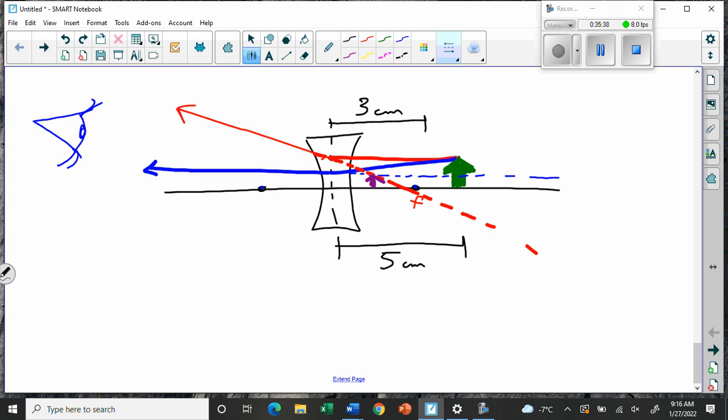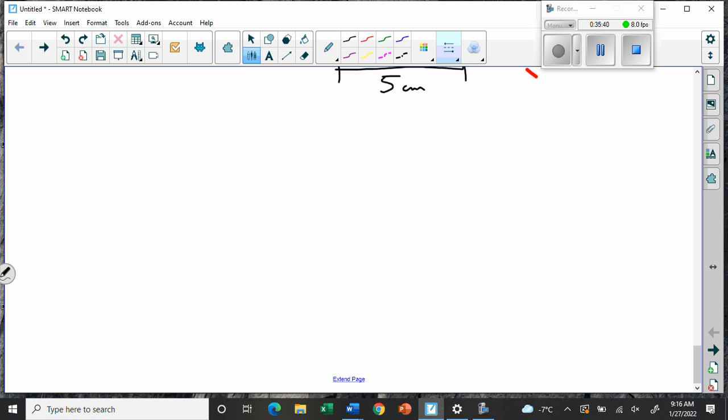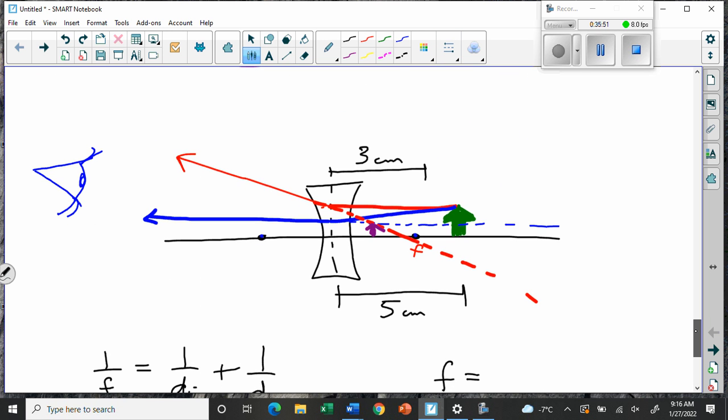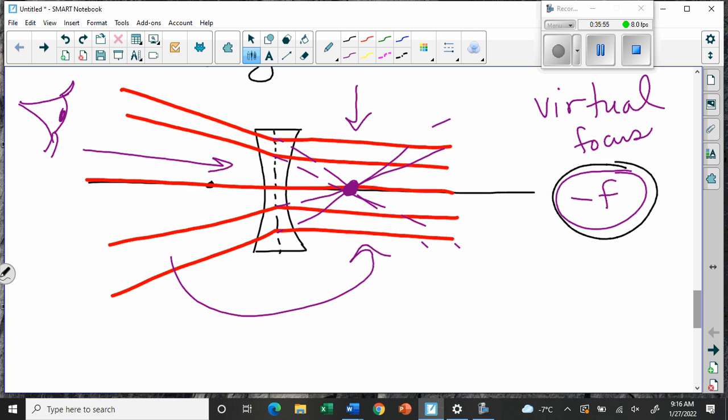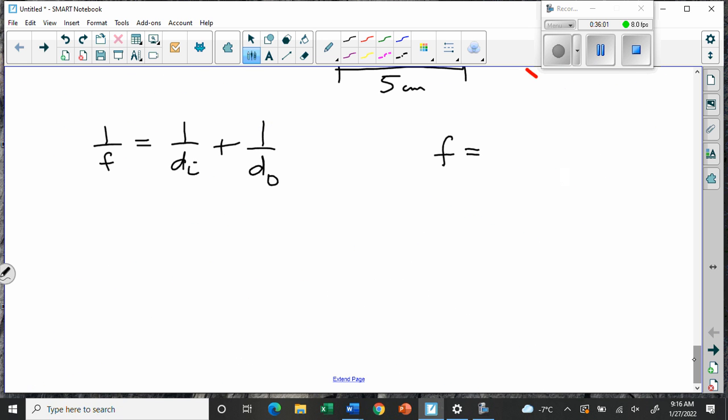Okay, now let's do our mirror equation. 1 over f equals 1 over di plus 1 over do. We said that our focal point here in a diverging lens isn't real. It never focuses light. You can only get a focus virtually by extending the light rays backwards to see where they appear to come from. So we're going to use a negative number.